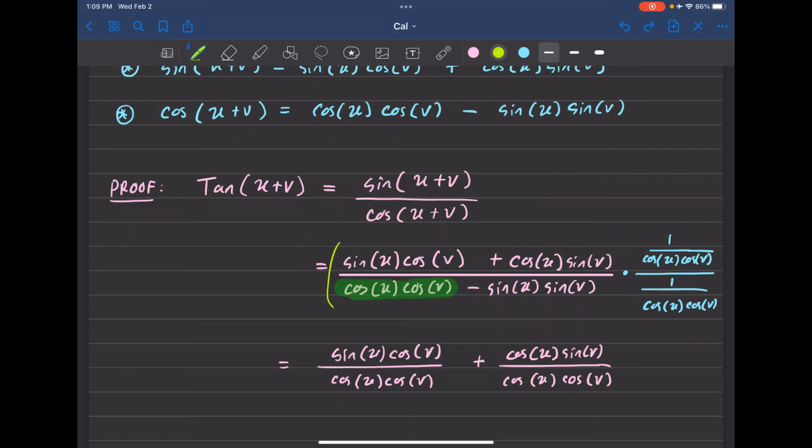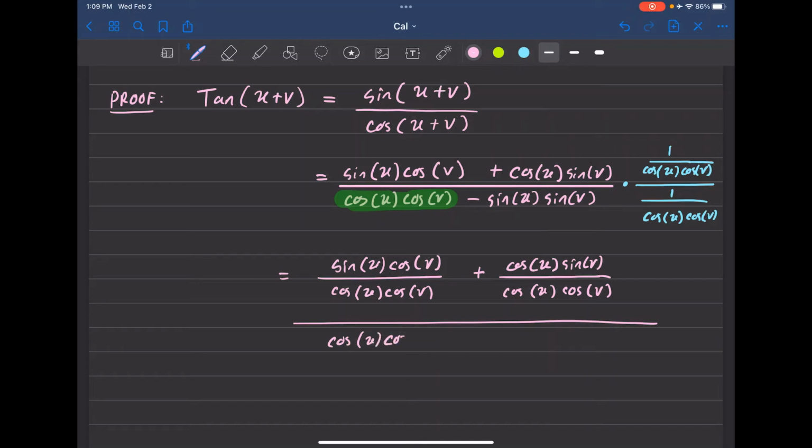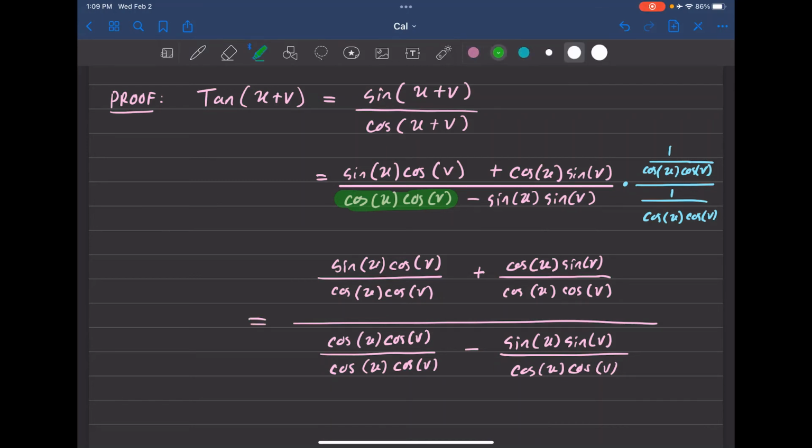After finishing distributing the top, now we do the same thing on the denominator. Continue distributing. We get cosine u cosine v divided by cosine u cosine v, minus sine u sine v divided by cosine u cosine v. Now we're ready to simplify this as much as we can. We know that this is our desired portion, which is 1.